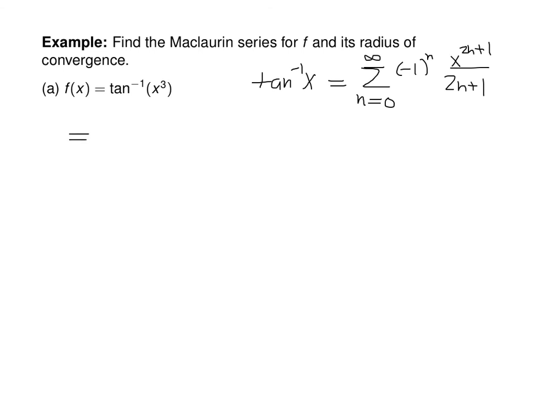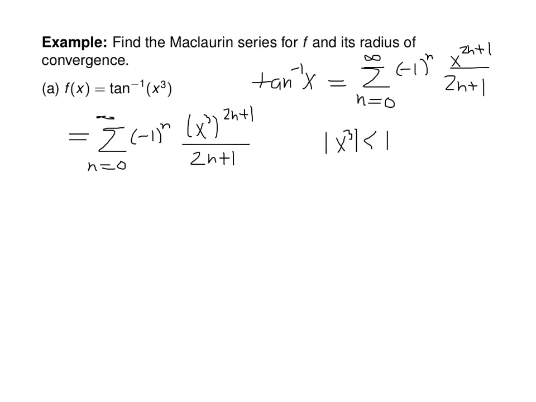So that will equal a sum from 0 to infinity, negative 1 to the n, x cubed to the 2n plus 1, all over 2n plus 1. And because inverse tangent has radius of convergence 1, this will converge if the absolute value of x cubed is less than 1, which implies that the absolute value of x is also less than 1, and it has radius of convergence 1.